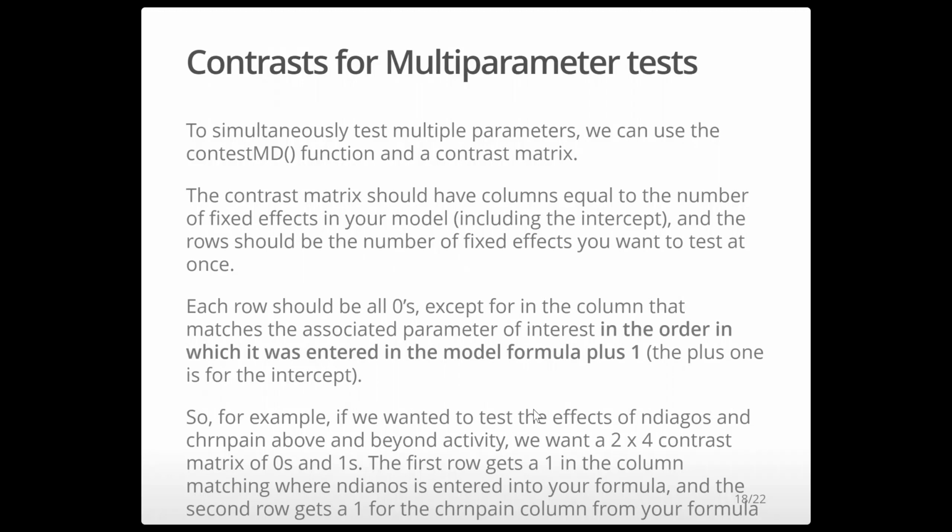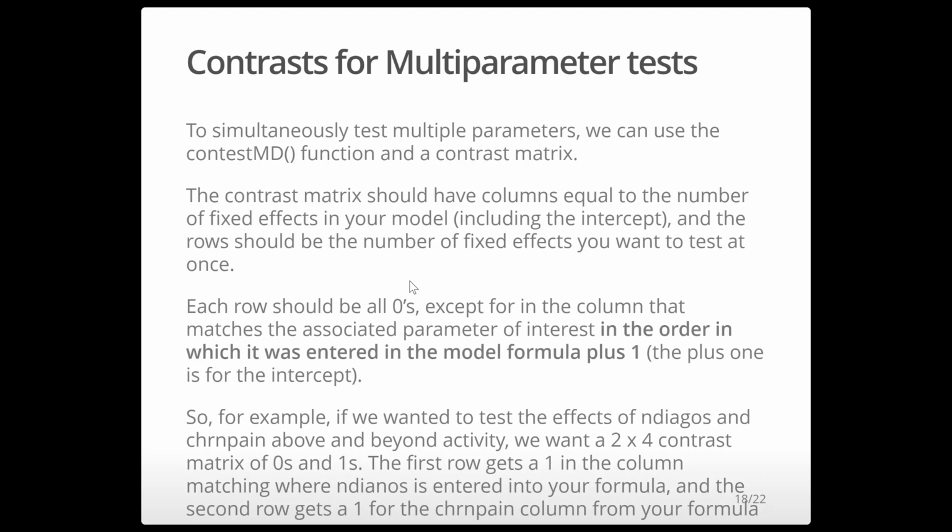So the last thing to talk about is that we can also do multi-parameter tests using these degrees of freedom adjustments. And we have to do this in a slightly more complicated way in the lmerTest package. We do this with a contrast matrix and then use the contestMD function. The contrast matrix should have the number of columns equal to the total number of fixed effects in your model, including the intercept.